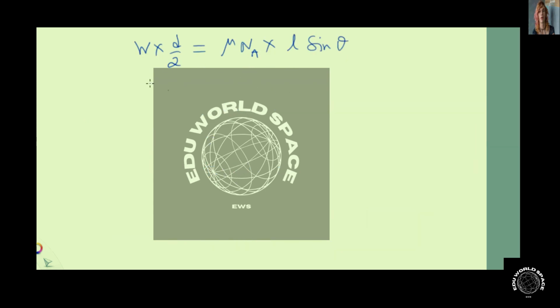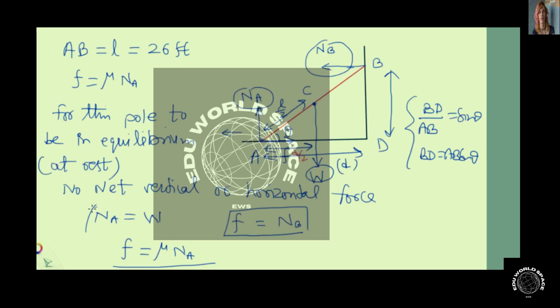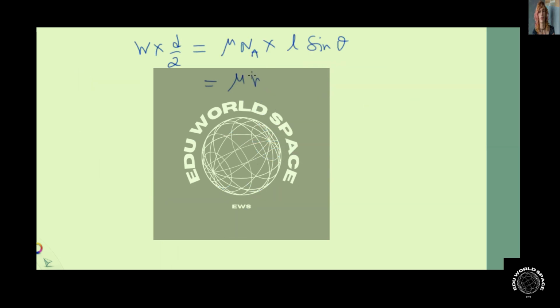Now this NA is nothing but W. Hence, mu into W into L sine theta equals W into D by 2. Cancelling this W, D is equal to 2 mu L sine theta.